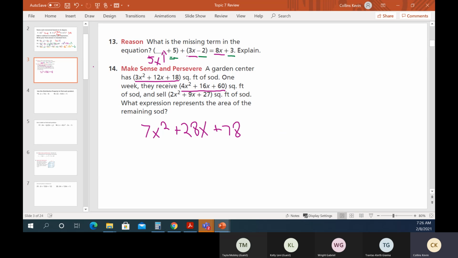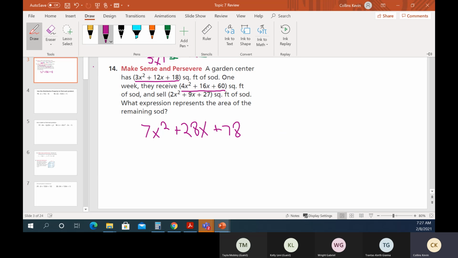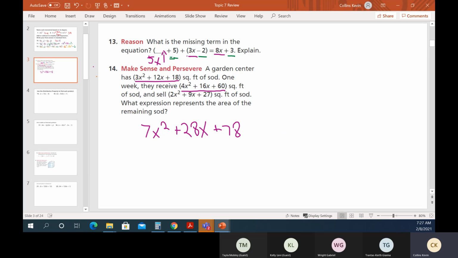Okay, so then next part is, okay, so we sold off some of this stuff, right? So we're going to go ahead and do that. We'll say, okay, so we sold off 2x squared, we sold off 9x, and we sold off 27. Cool.